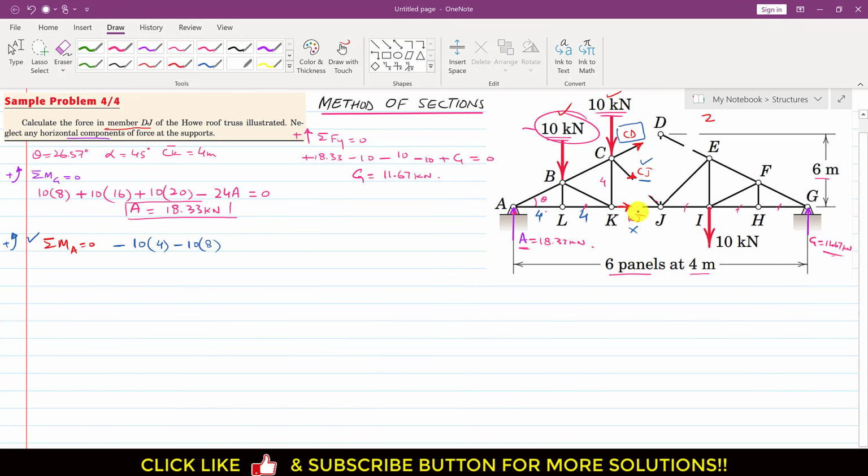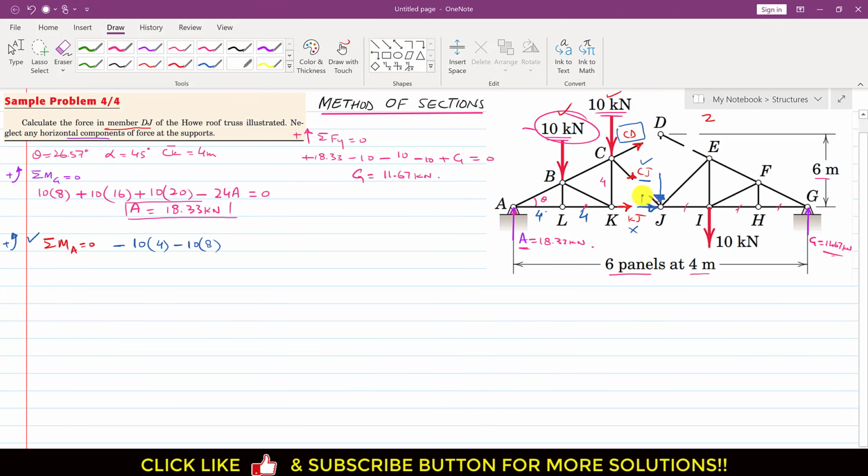Similarly, the Kj and Cd forces are not producing a moment about point A, so the Cj force is producing the moment, and we will consider the components of this Cj force at this particular point, the J point. The Cj member force will have one component in this direction and one component in this direction.